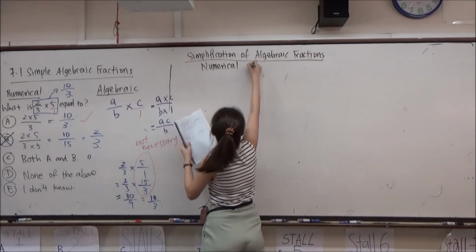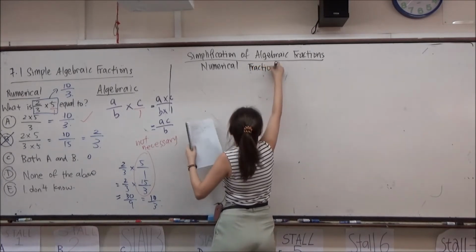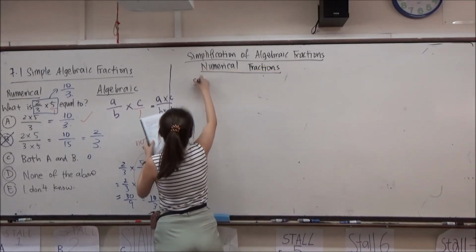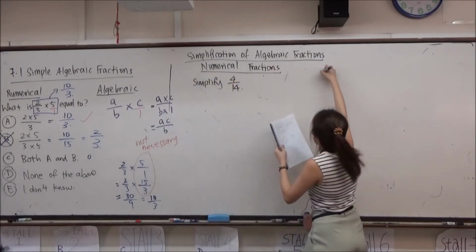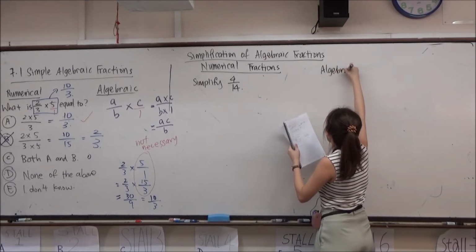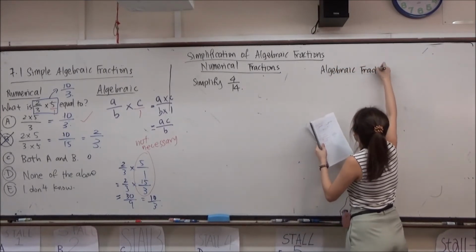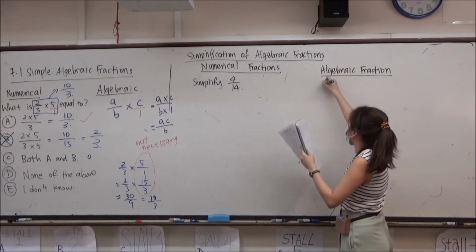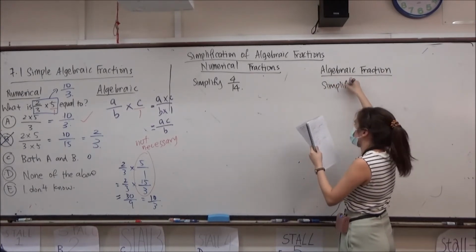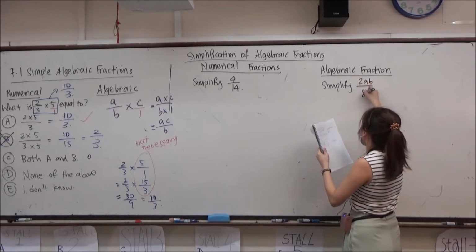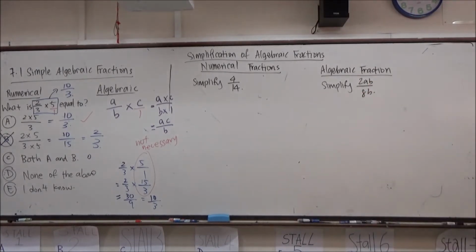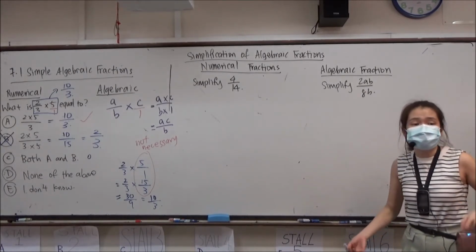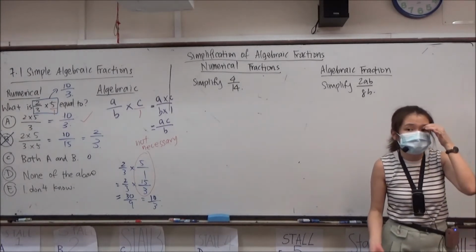So if I have numerical fractions here, an algebraic fraction here. So just now I was mentioning simplifying, right? If I want to simplify 4 over 14, that means I want to reduce it to the lowest terms. So 4 over 14, if I want to simplify, what actually will I get?